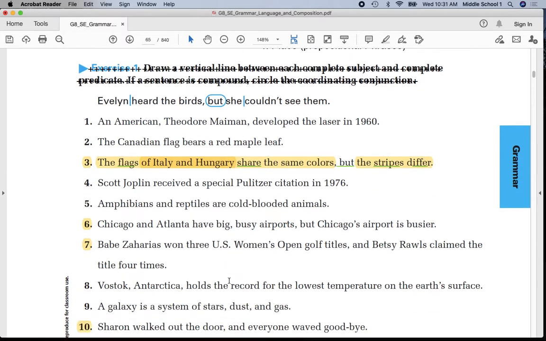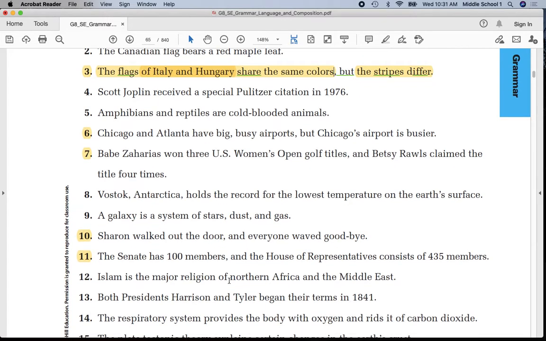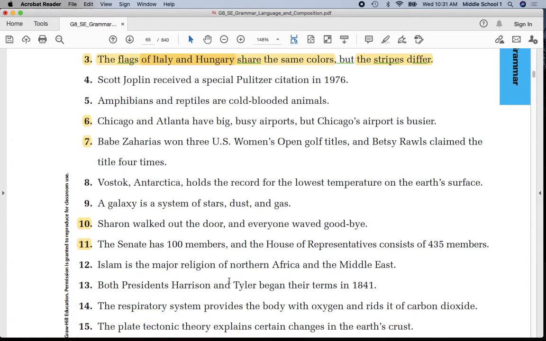Look at number 6. Do you see a similarity between number 3 and number 6? Notice the conjunction. Chicago, simple subject. Atlanta, simple subject. Have, twice, simple predicate. Line between Atlanta and have.